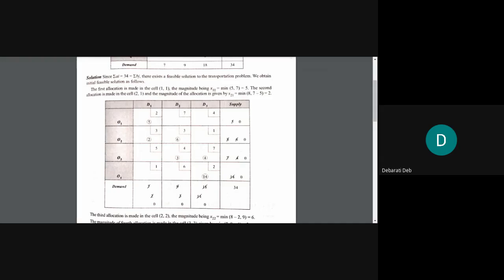Quickly draw this table having 5 columns and 6 rows.